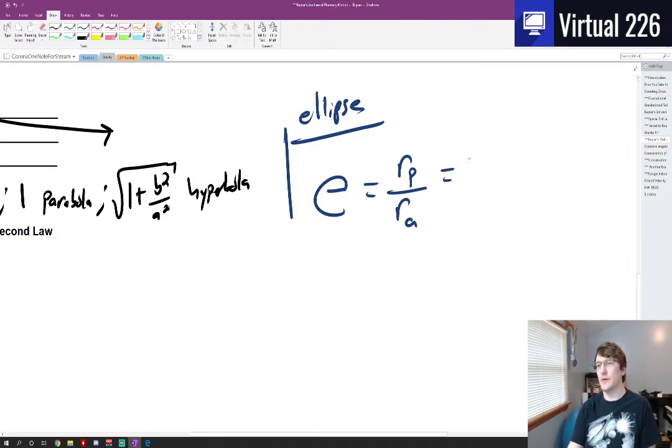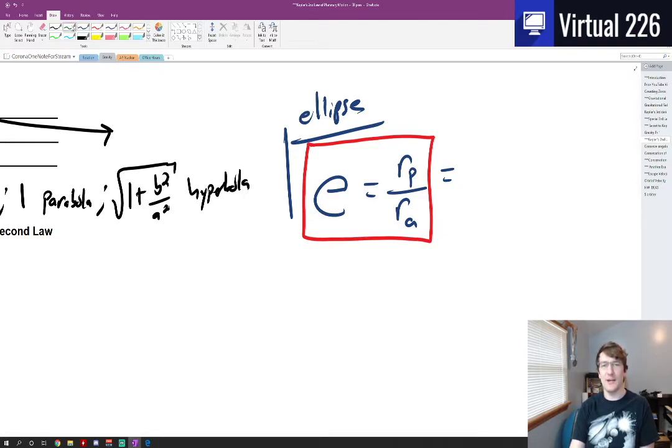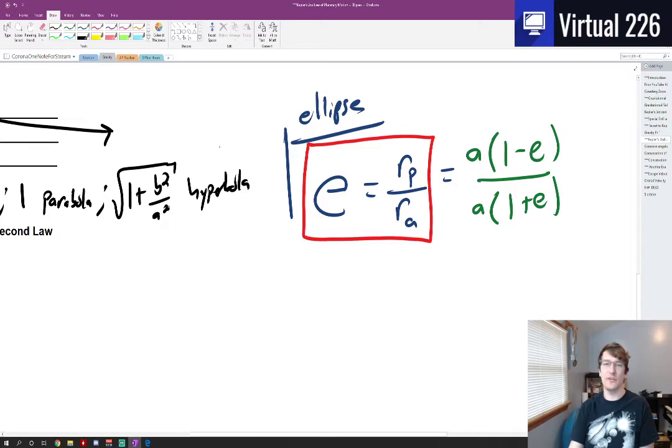You can also think about this, and this is kind of a weird way of thinking about it, as just solving this equation for the eccentricity like that. But if you know the eccentricity, but you don't know how far away your closest and furthest approaches are, you can also say this is equal to a times 1 minus e over 1 plus e, where this a is your semi-major axis.